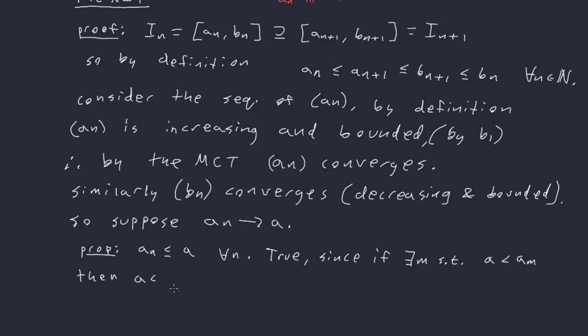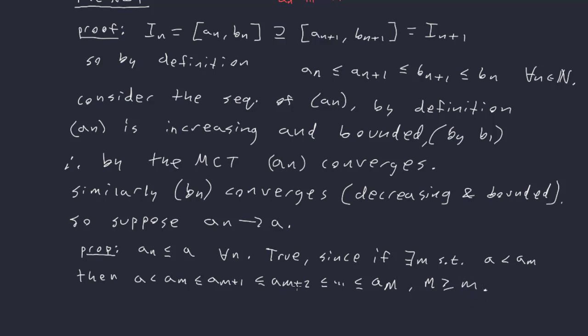So then A would be strictly less than a_m, which would be less than or equal to a_{m+1}, which would be less than or equal to a_{m+2}, which would be less than or equal to a_M for every capital M greater than or equal to lowercase m.